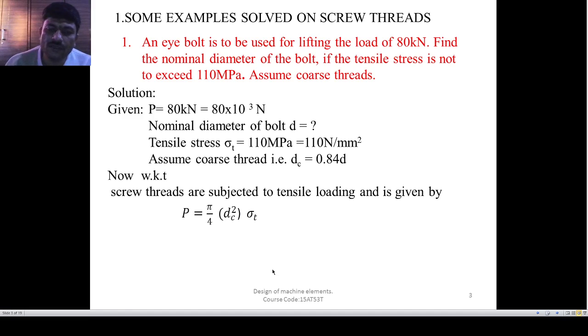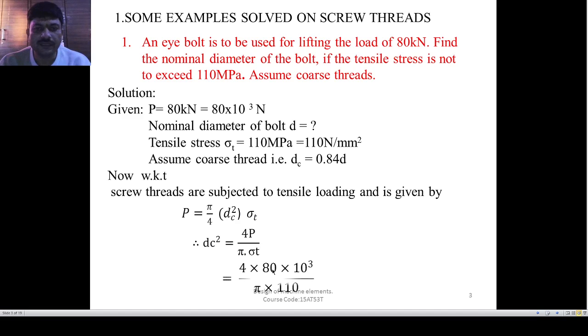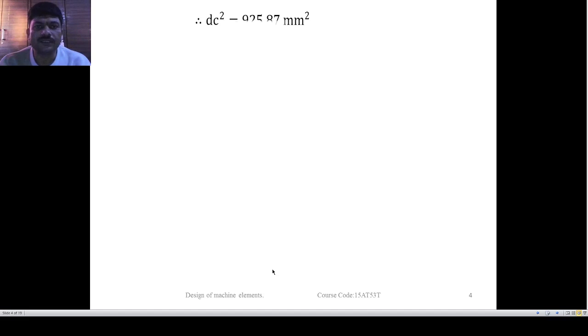Let us check what value you get. After simplification, 4 into 80 into 10 raised to 3 divided by pi into 110. Therefore dc square is equal to 925.87 mm square.